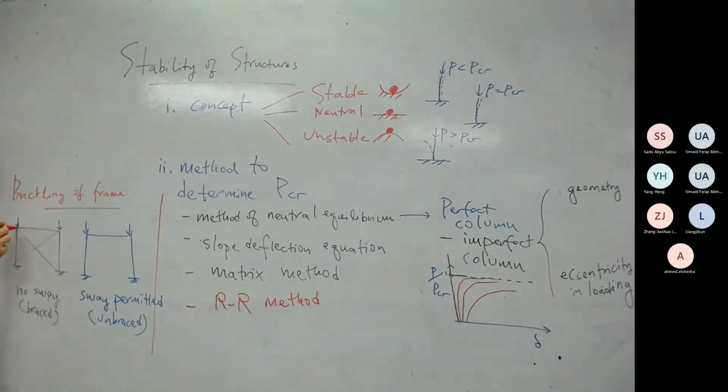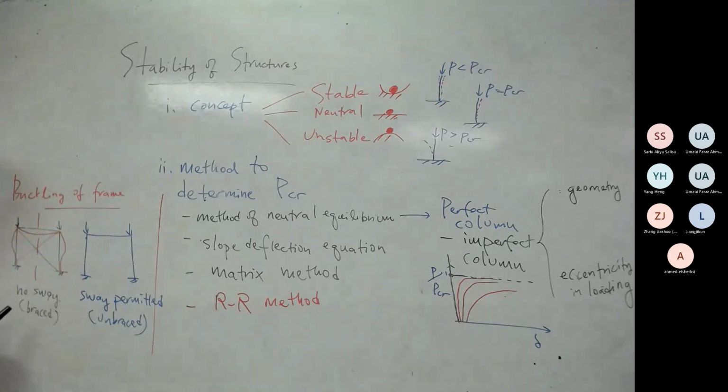This is symmetric, so it is going to go like this. It bends into this shape, which gives you the lowest possible buckling mode. And for this, it is not allowed to sway. That's why at this point and this point, there is no lateral translation. They are not allowed to translate.